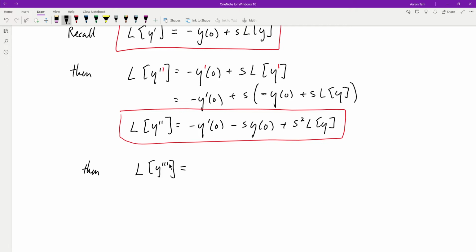So maybe I'll start from this to show you what to do. Here's my y double prime formula. And to find y triple prime, I'm going to do this. And once again, that would mean I have to do L of y prime again. So I'm going to do that.